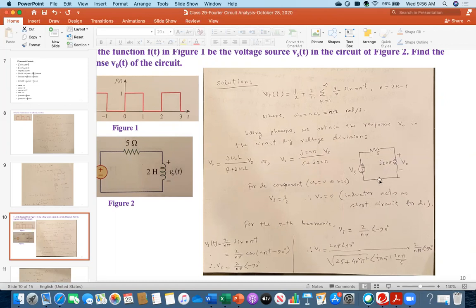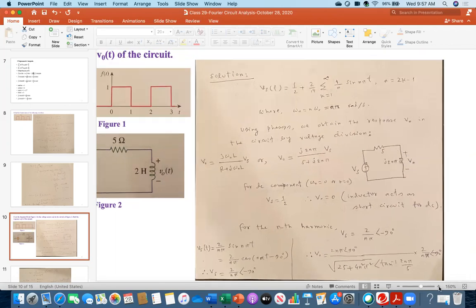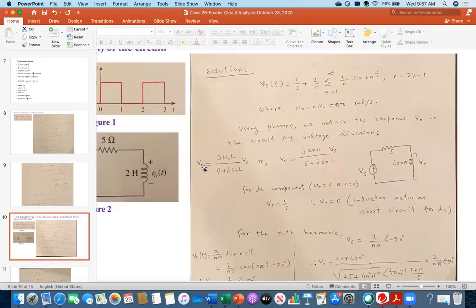So, if this is my new circuit, what is my V naught? That thing I am writing here. Everybody say. V naught is Vs over the impedance, 5 plus j omega n L. This is the generalized expression.